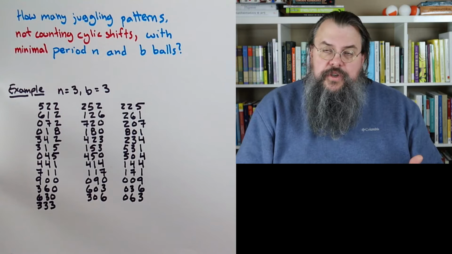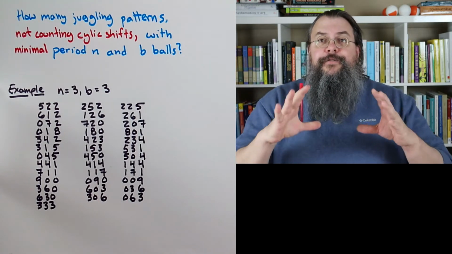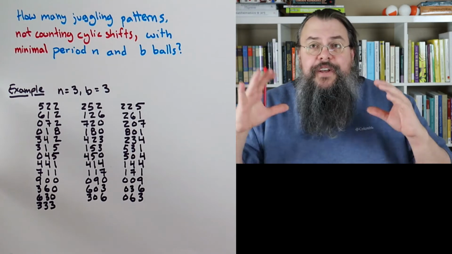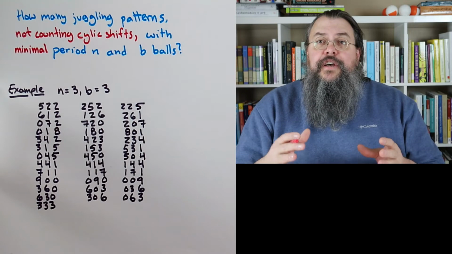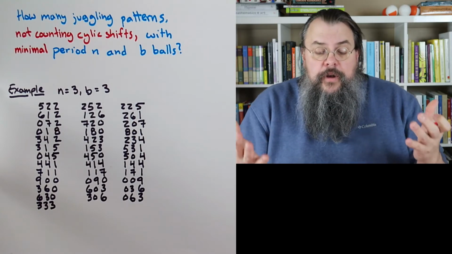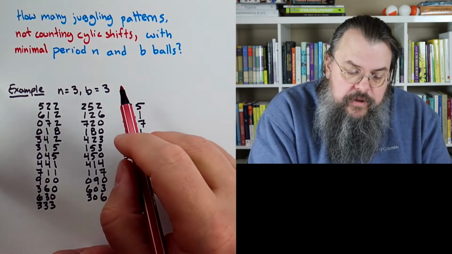So we have this nice question, and where do we start? Well, let's look at a really simple example just to get our mind in the right place. Suppose we look at n equals 3, b equals 3. So how many patterns are there? According to the formula, it's a very easy thing.